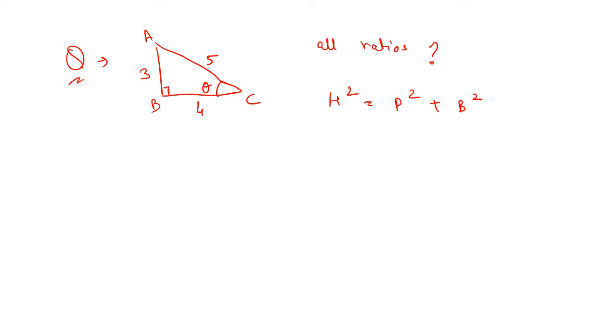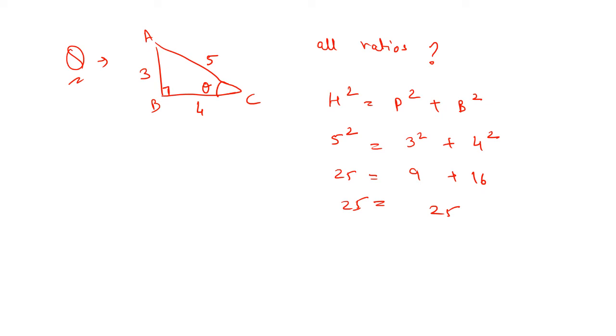Hypotenuse is 5, so 5 square, and perpendicular square is 3 square, and base square is 4 square. So it will be 9 plus 16, which gives 25, and this side also gives 25. So it is clear that this is a right angle triangle.